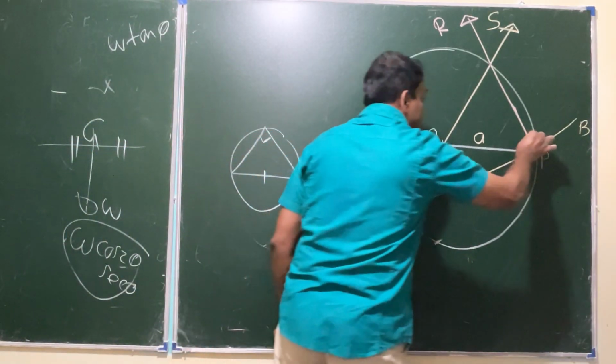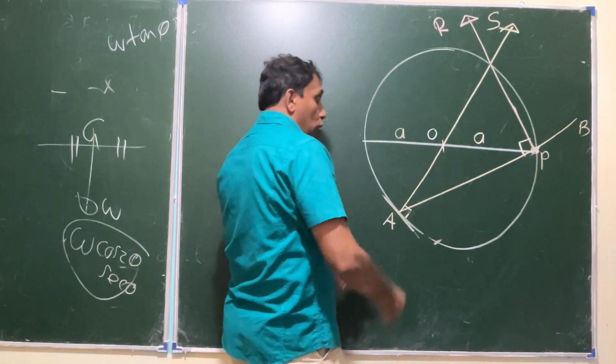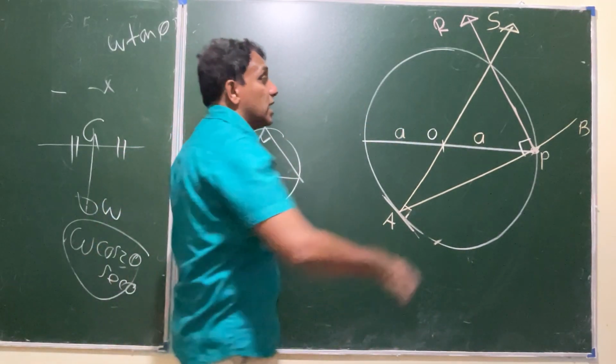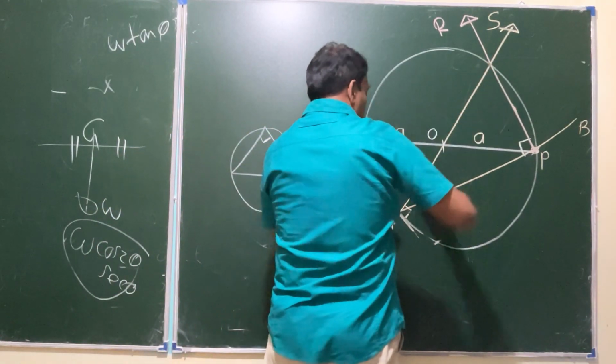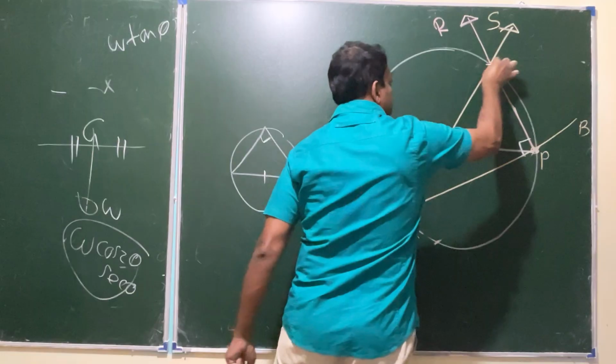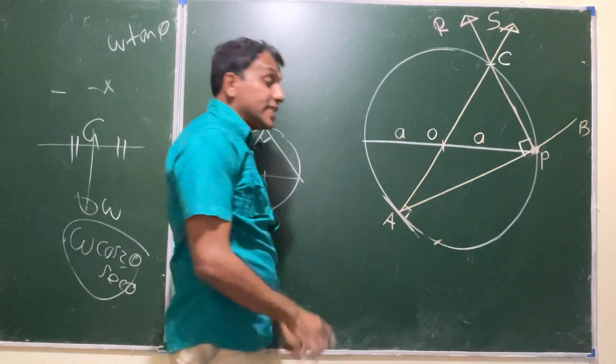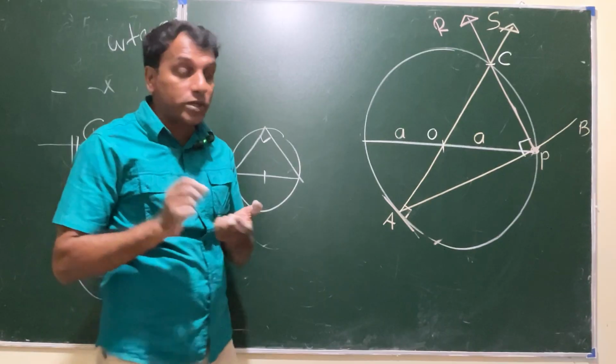So these two lines of action meet somewhere here. Therefore I mark a point here, A, B, C. So AC is the diameter, not very important.